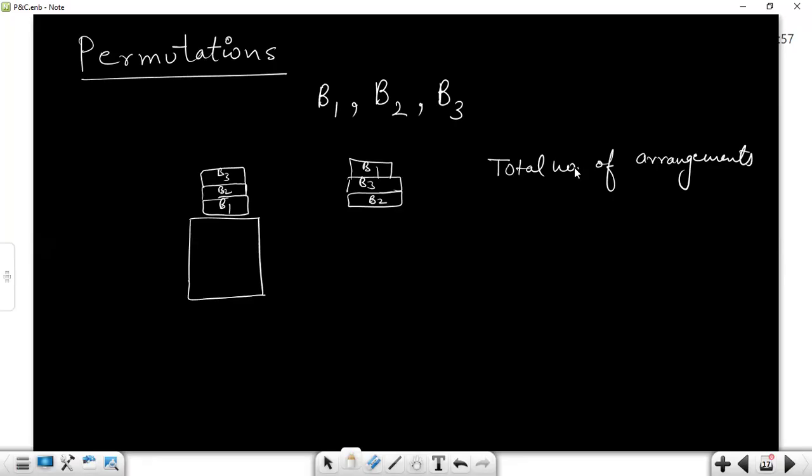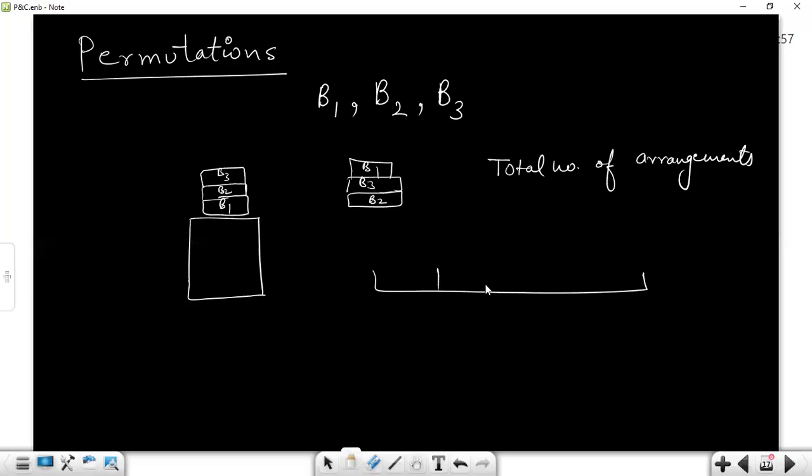Now, if we increase the slot size, then it becomes typical. There were 3 places and 3 elements that needed to be arranged here. But what if there are more spaces?